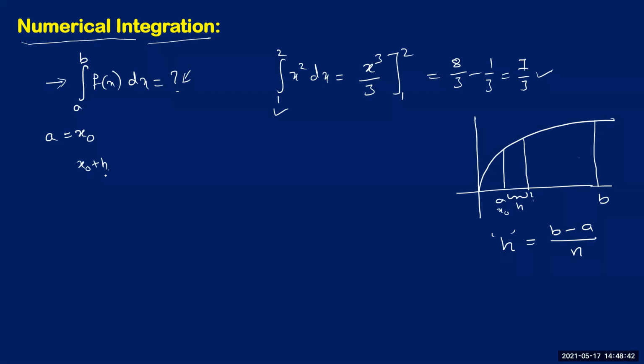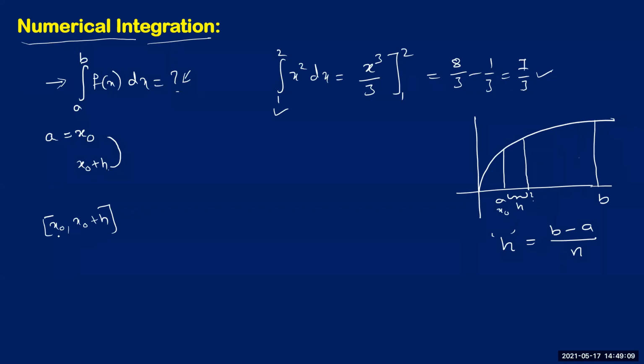Why am I taking this as x naught plus h? Because my next interval is this, x naught comma x naught plus h. This is my first subinterval. In the original interval a comma b, when I divide this into n subintervals, the first subinterval is this, x naught comma x naught plus h. Why do I get x naught initially? In fact, it is the initial point only, but for my convenience now I take it as x naught.